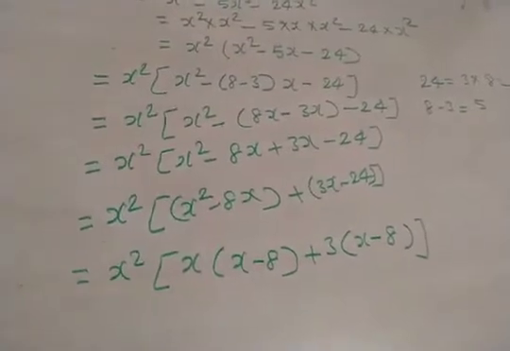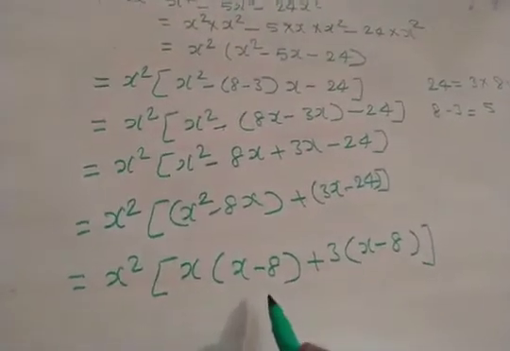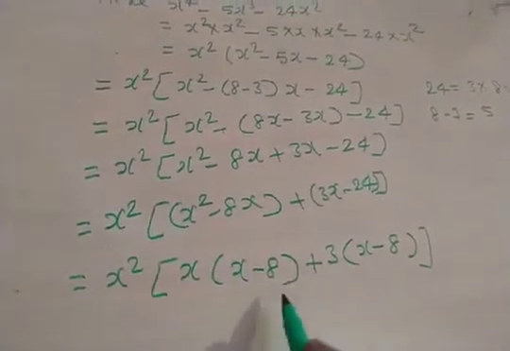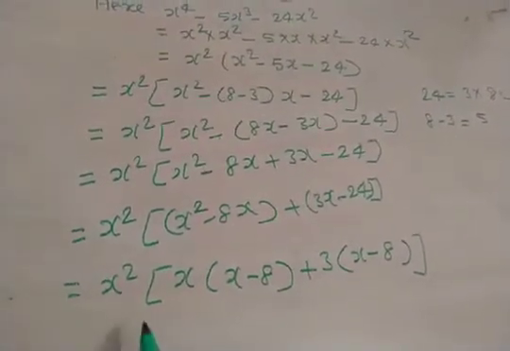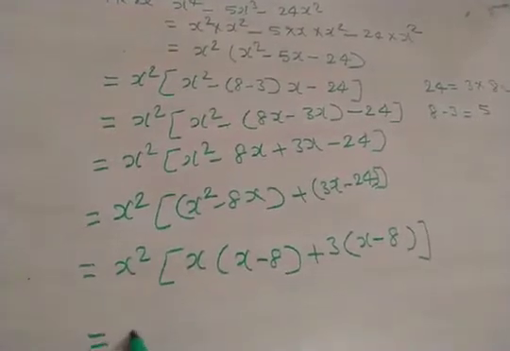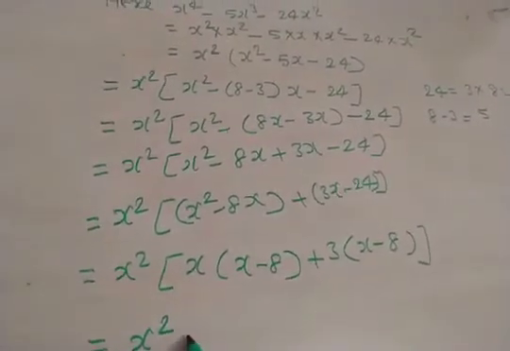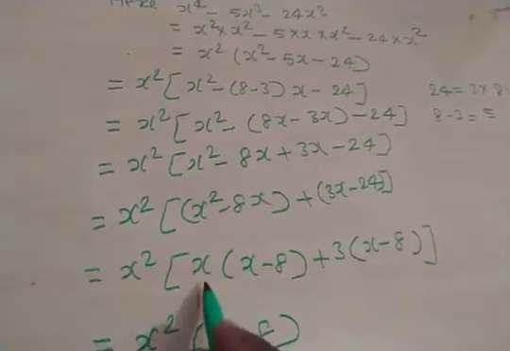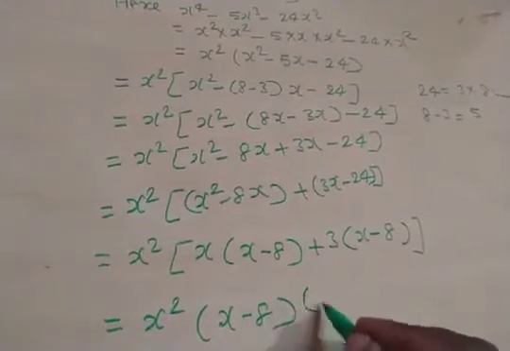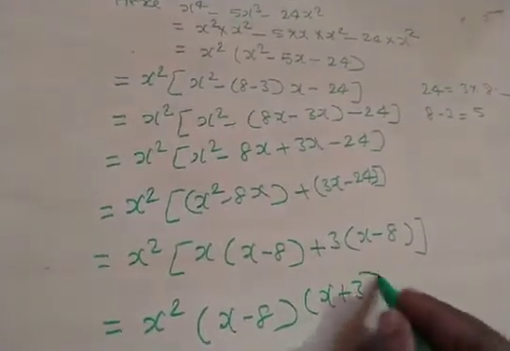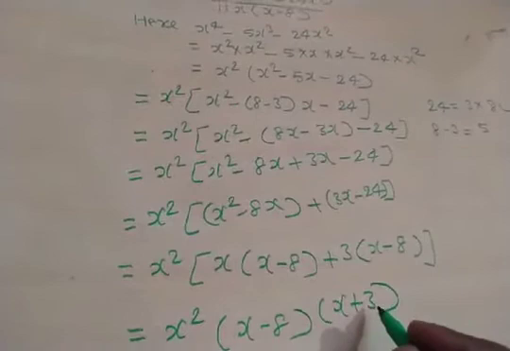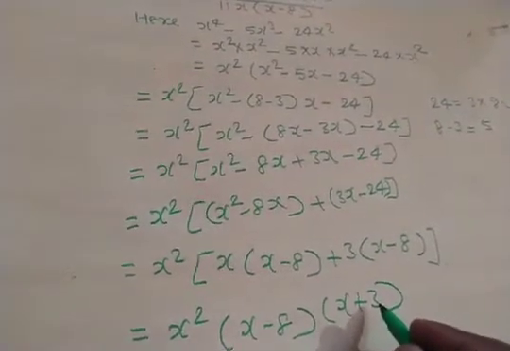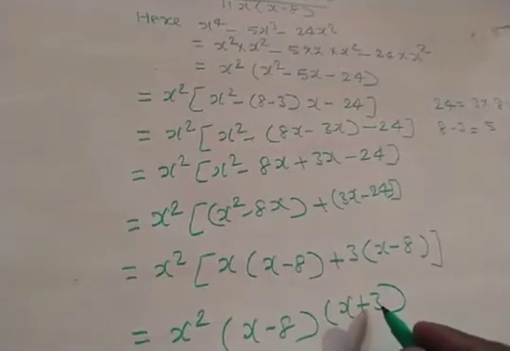So in this way, this is two terms. The common between two terms is x minus 8. So you can take common x minus 8. So this is equal to x into x minus 8, and here x plus 3. These are the factors of x power 4 minus 5x cube minus 24x square.